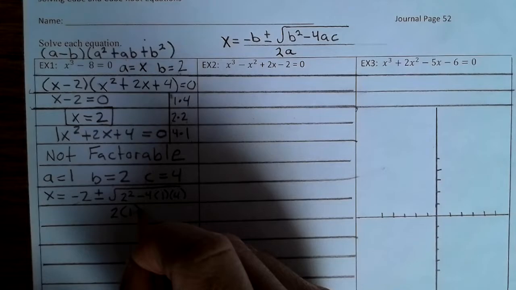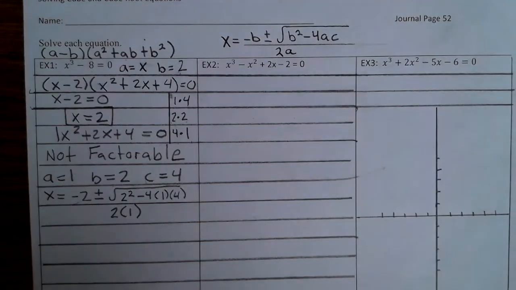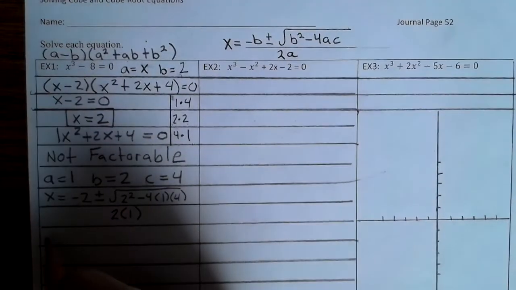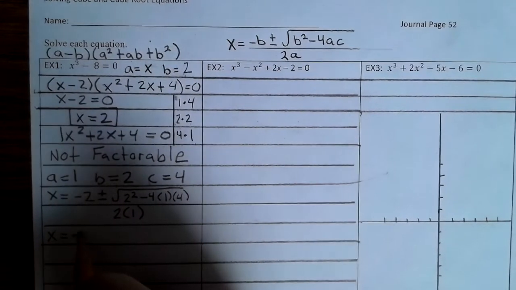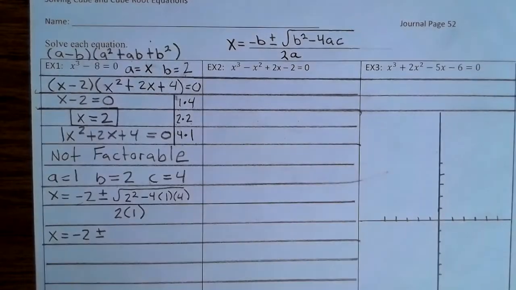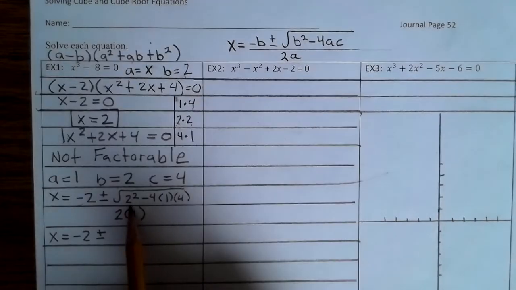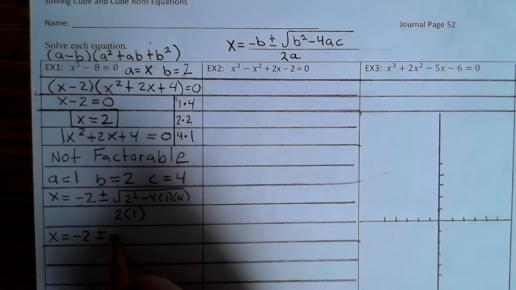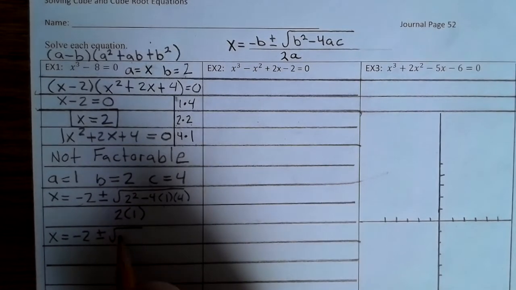Okay, so now let's simplify that. So that's x equals -2 plus or minus, well, 2 squared is 4, minus 16 is the square root of -12 divided by 2.